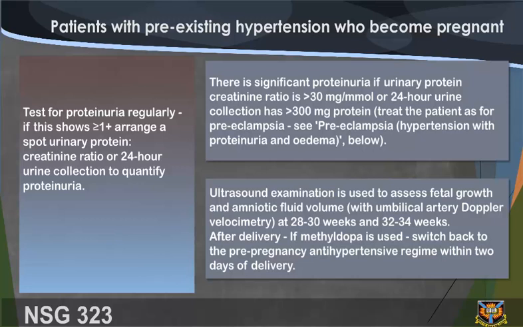Test for proteinuria regularly. If this shows greater than 1 plus, arrange a spot urinary protein creatinine ratio or 24-hour urine collection to quantify proteinuria.